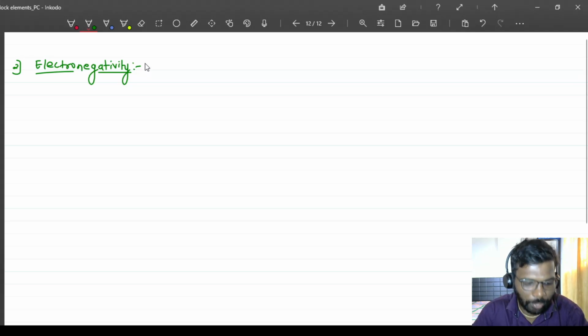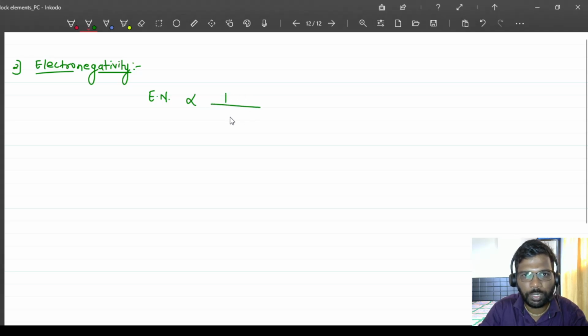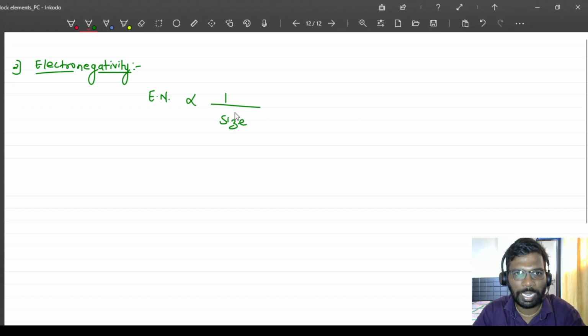Electronegativity is inversely related to the size of the atom. Means as the size increases, electronegativity decreases.